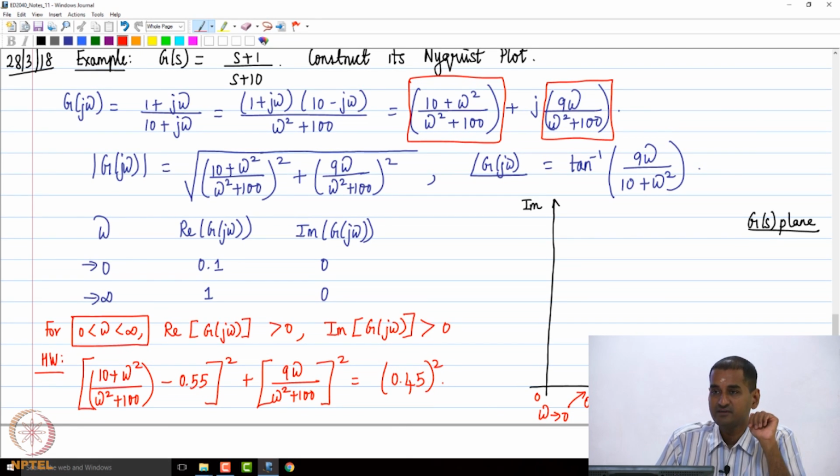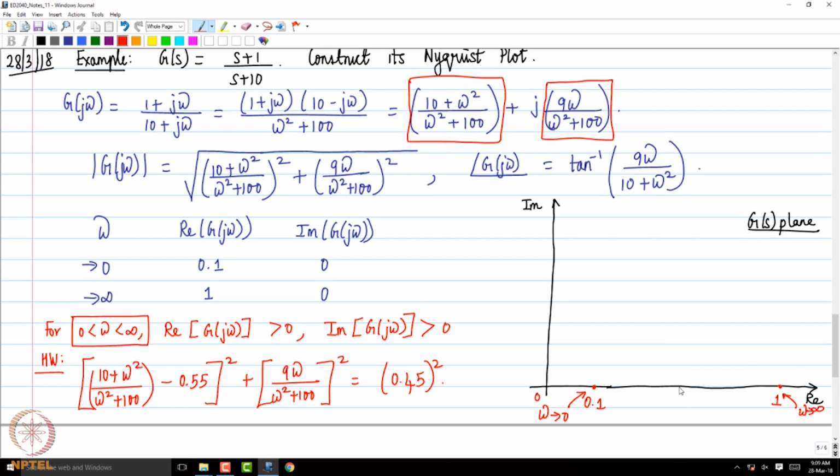You will see that this equation is satisfied. So the center is somewhere here at 0.55 and we are going to have a semicircle. Is this okay? Yes, any questions?